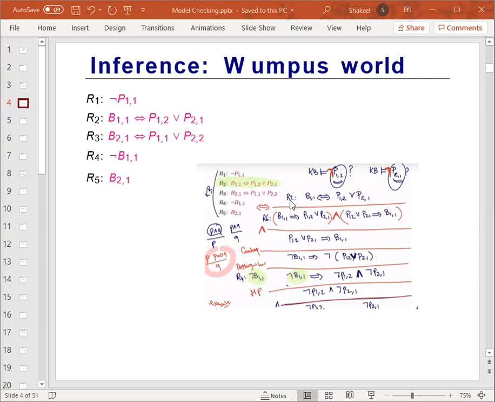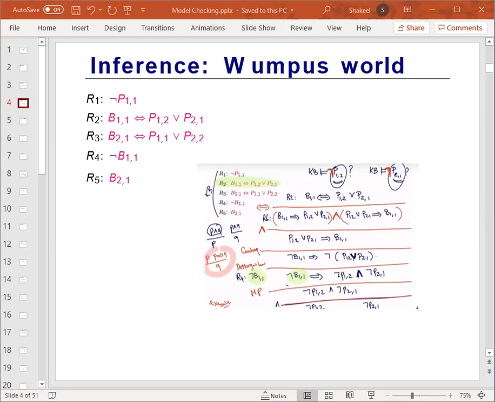Rule 2 says that there is a breeze in 1-1 if and only if we have a pit in 1-2 or a pit in 2-1. This is a rule that we know is true. There is a breeze only if there is a pit in the adjacent rooms. From this one, we are going to make an inference.